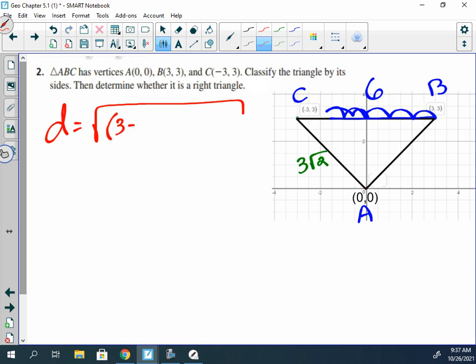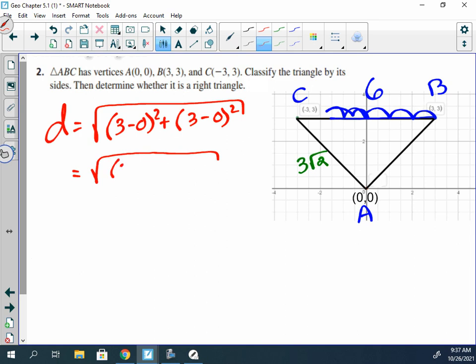So we can say 3 minus 0 squared plus our y values. Now again, we could type this into the calculator at this point. We can do second square root parentheses 3 minus 0, close parentheses squared, plus 3 minus 0 in parentheses squared, and hit enter, and it would give us the answer.